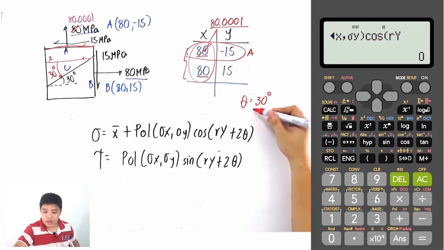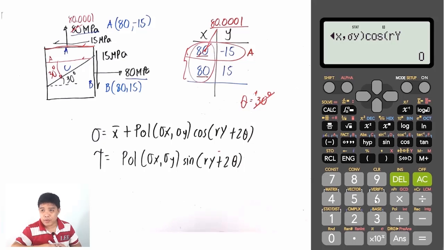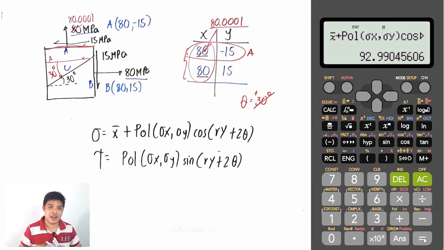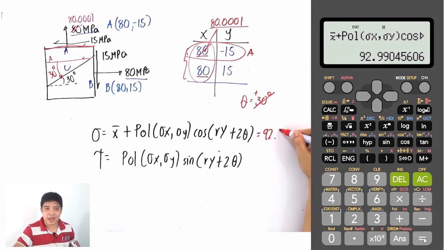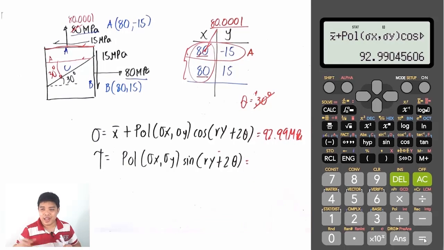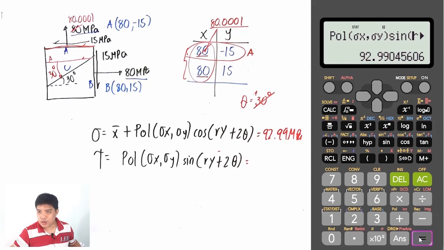Since theta is positive 30, this will become plus 60. Let us check the answer. The answer is 92.99 megapascal, which is the answer before in the conventional Mohr circle. To determine the shear stress, you delete the x bar and plus sign, and replace the cosine function with sine, so that the answer is negative 7.5.